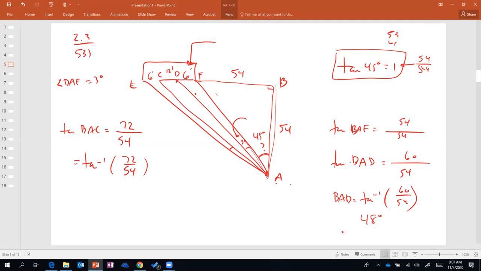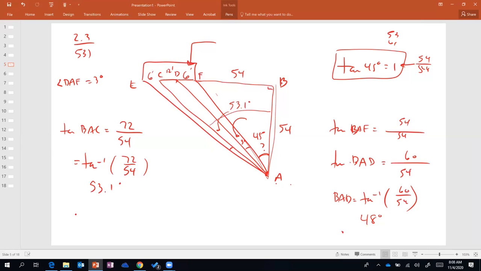Okay, how about this one here? Anybody give me 72 over 54 tangent inverse? 53.1 degrees. And we are getting there. Subtracting 48. We really don't need that one, right? So we just know that this whole piece is going to be 53.1 degrees.